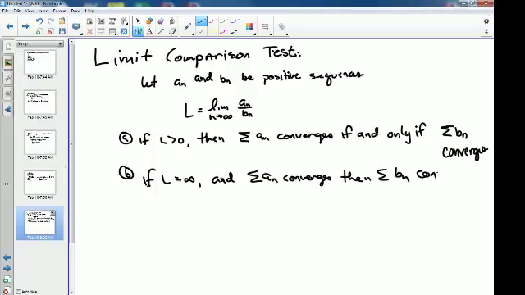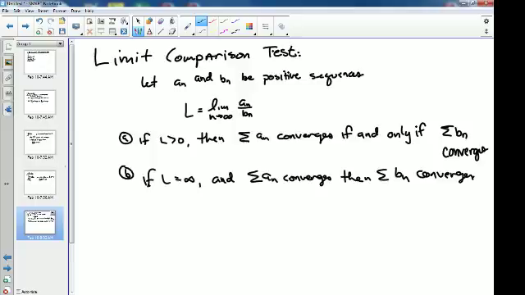You guessed it. So basically, this is very similar to the comparison test, right? A sub n has to be larger because this is an infinite limit, correct? So if A sub n is bigger and it converges, B sub n has to converge. Right? So that's the big thing there.